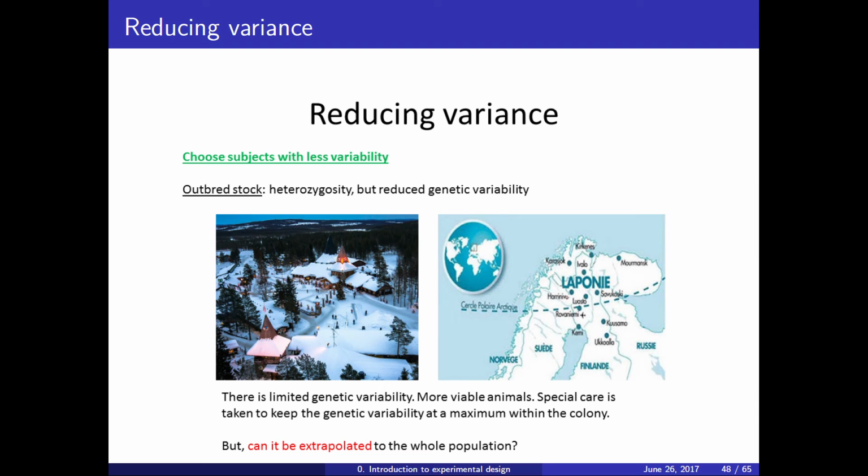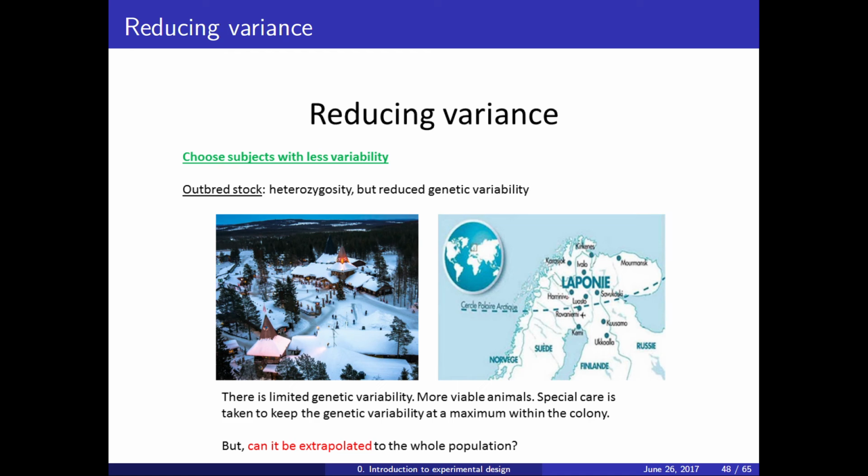So it is like working in Lapland. There is not a lot of immigration in Lapland, and then all the people there are not twins, but they are somehow all related. The genetic variability that you find in there is not too high.